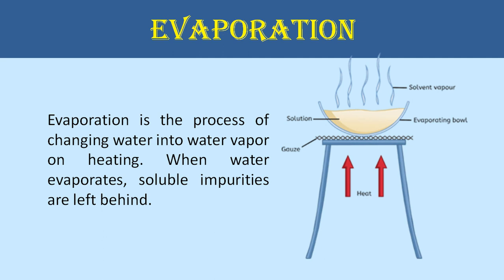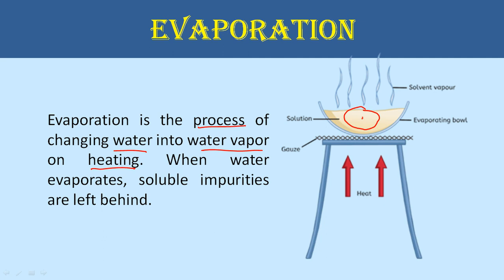Evaporation is the process which changes water into water vapor with the help of heating. Suppose here we have taken a solution of salt. As we have discussed earlier, salt is the solute and water is the solvent.